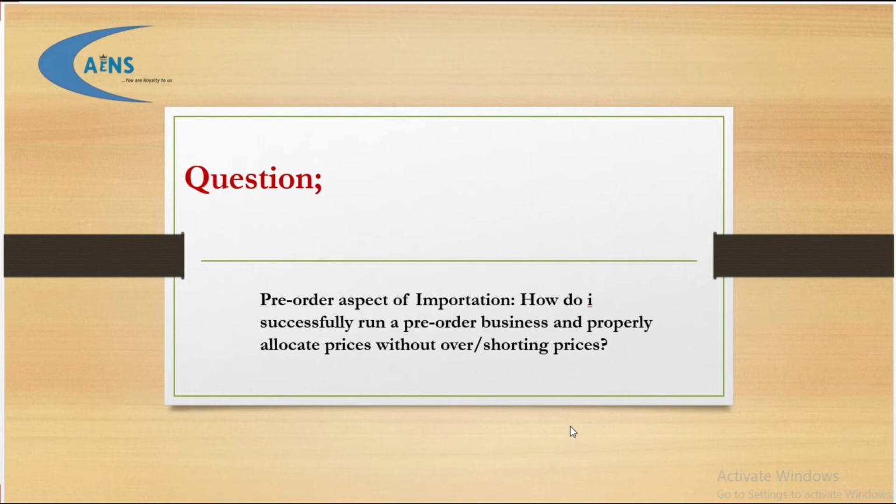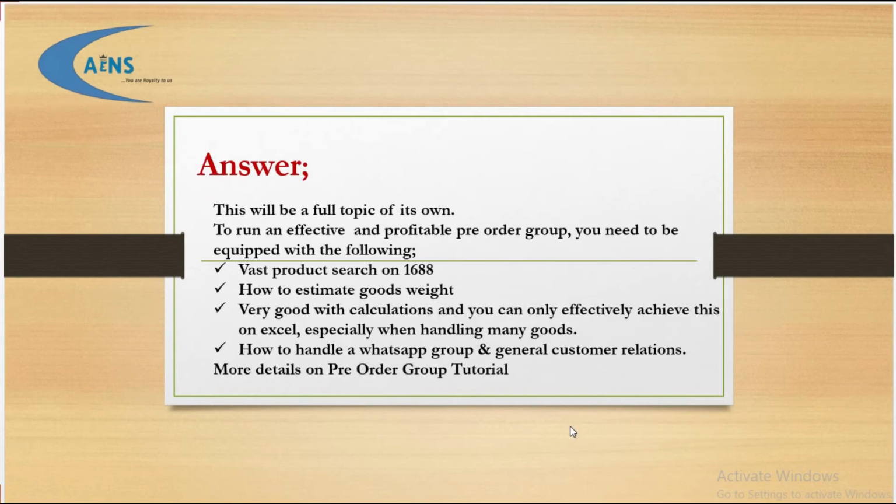full tutorial addressing this for those that have a pre-order group, because for you to have a pre-order group, you really need to have some skills and knowledge. A lot of times I think we use a WhatsApp group for it.